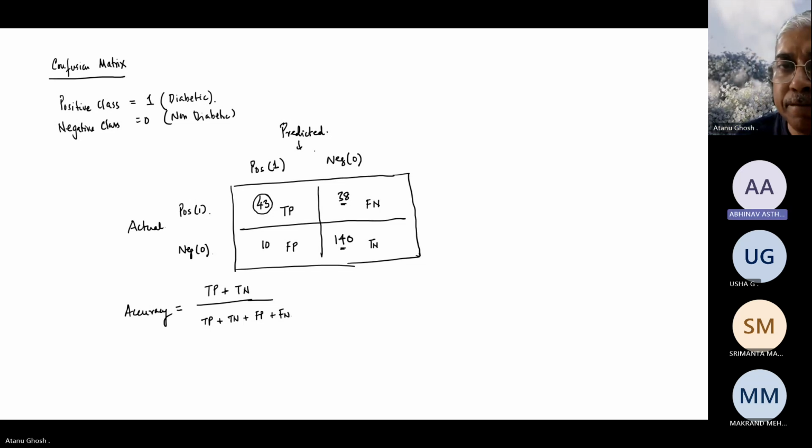False positive, sir. That means where the model has predicted that the person is diabetic, but actually the person is not diabetic. Yeah. Do you think that is based on common sense? Is that more concerning compared to the model predicting the person is not diabetic when the person is actually diabetic?